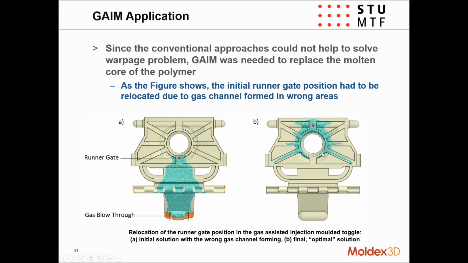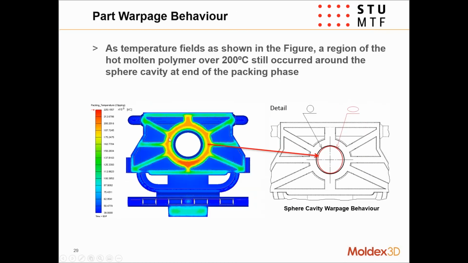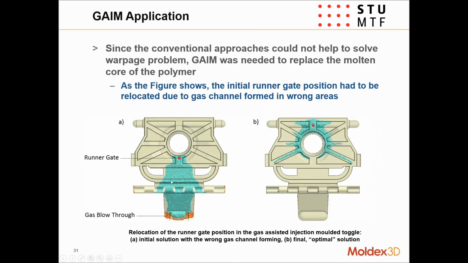All right, so the main area of concern again is over in here, and also around this ring, they were seeing a shrinkage variation. I kind of skipped over it before, but there's a large amount of temperature being held around this ring, which is causing the shrinkage to be very high in this region, which can adversely affect the shape of that circular feature.